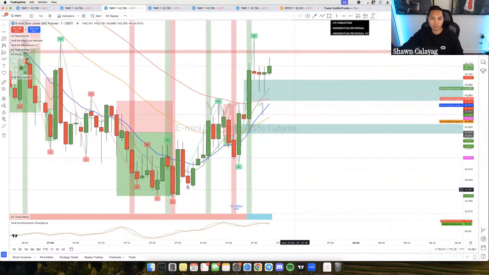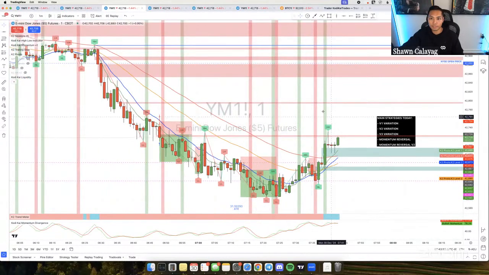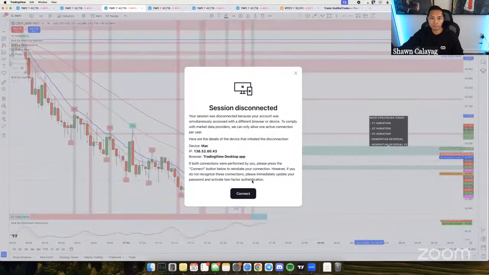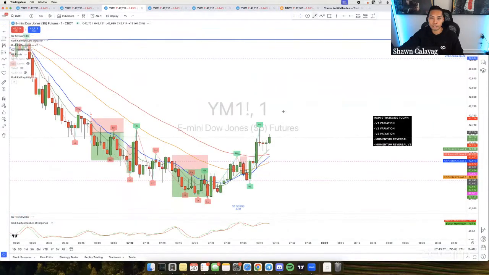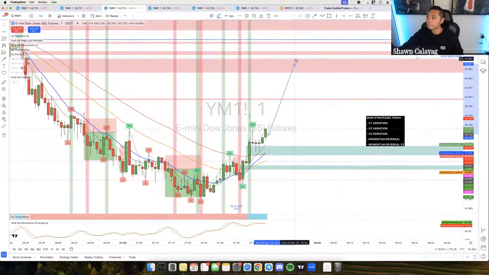Sam saw the opportunity to take that V1 variation, and then he rode it all the way back up for correction. So the target price point here, if price decides to climb up higher, is going to be the opening price right there. If price does climb back up higher, that's likely where it's going to aim for.